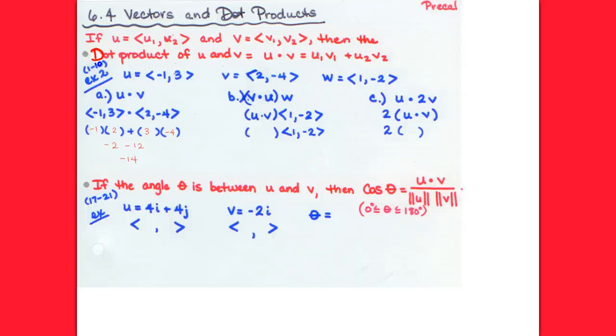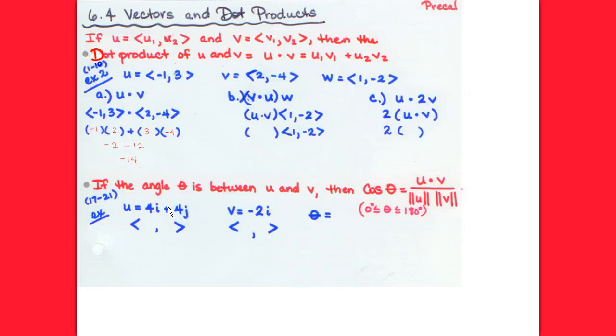Second thing it says is that if you have the 0 vector, the dot product of the 0 vector and any other vector is always going to be 0. Third thing they tell me there is basically distributive property works. If you have u dotted with a sum, v plus w, you can distribute that and say u dot v plus u dot w.